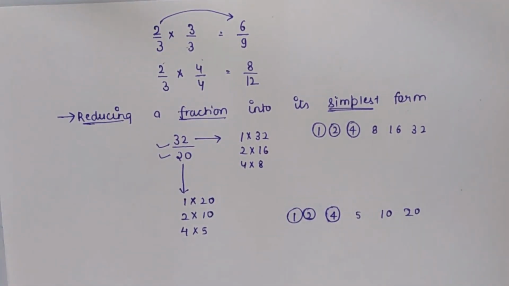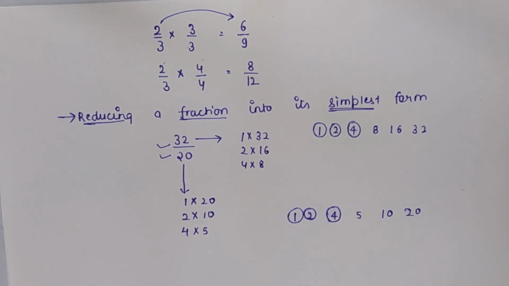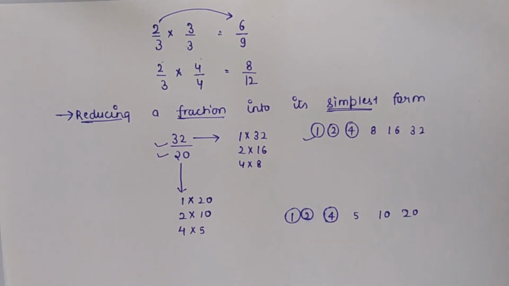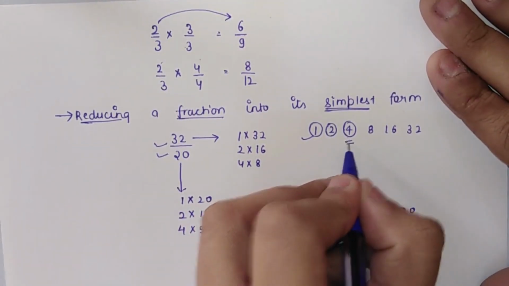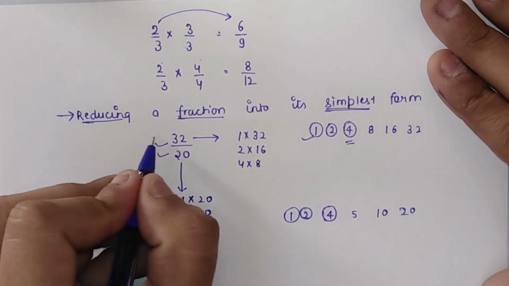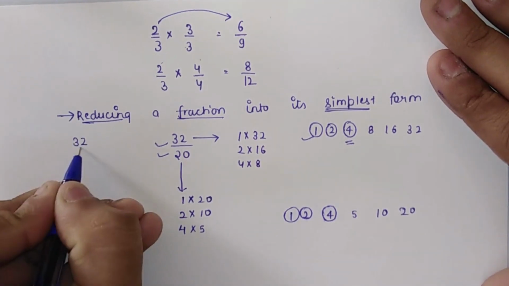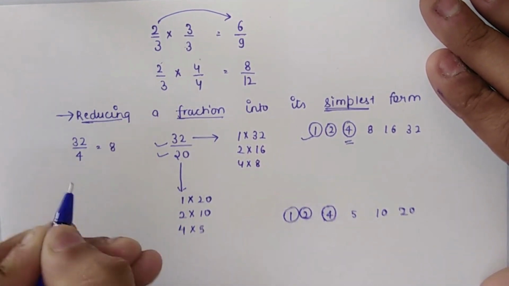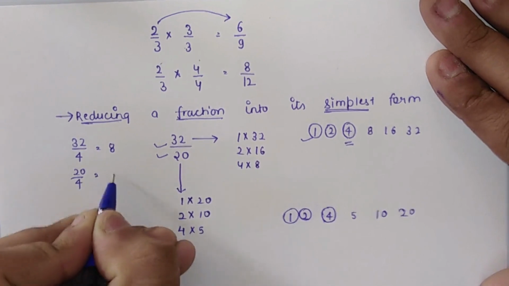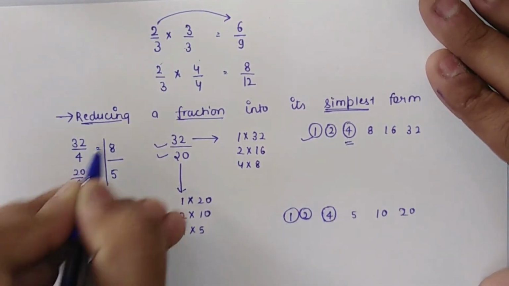We say the fraction is in its simplest form only when they have just 1 as the common factor. So let's divide by 4. If we divide both the numerator and denominator by 4, 32 divided by 4 is 8 and 20 divided by 4 is 5, so we get 8 by 5.